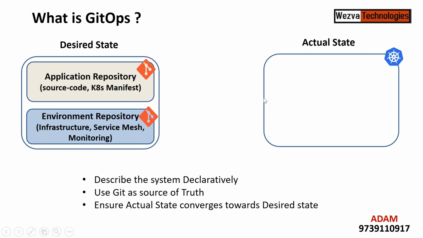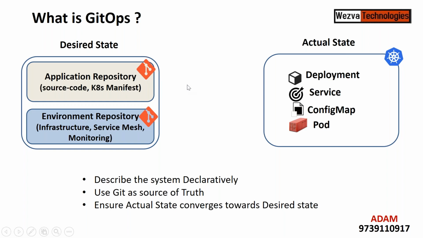But in GitOps, you store your desired state in a particular repository as a single source of truth. But how do you make sure that the actual state is obtained with respect to this? In GitOps, if my desired state for my application is a deployment with 2 replicas, a load balancer type of service, a config map and pod, then to achieve this we use something called an operator, which we call the GitOps Operator.